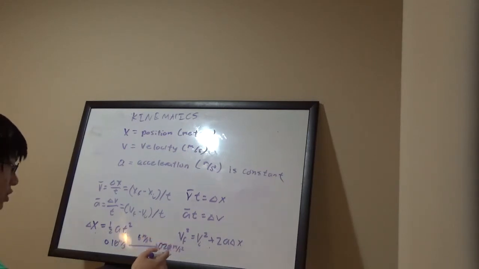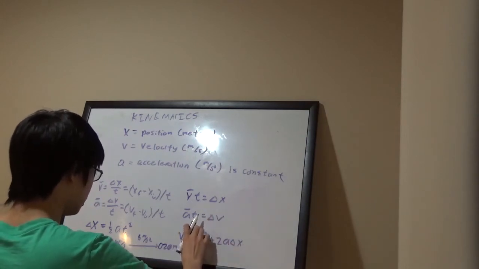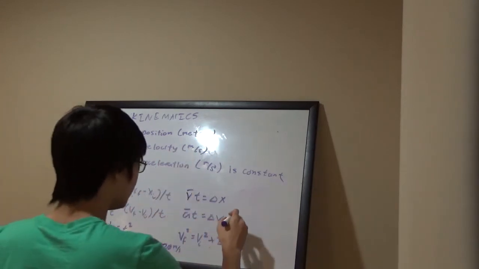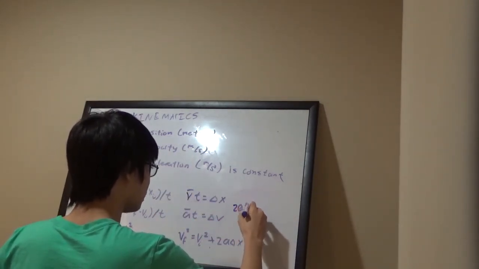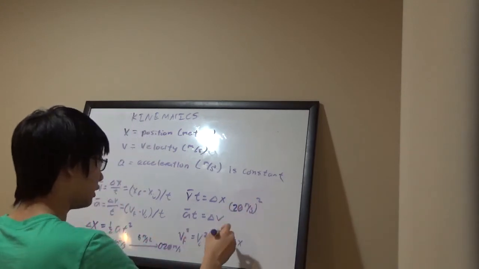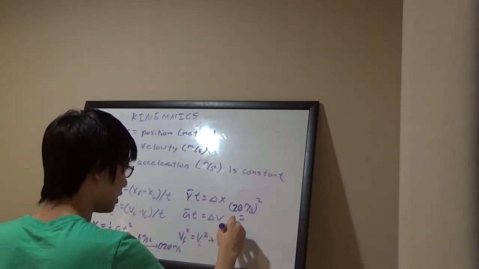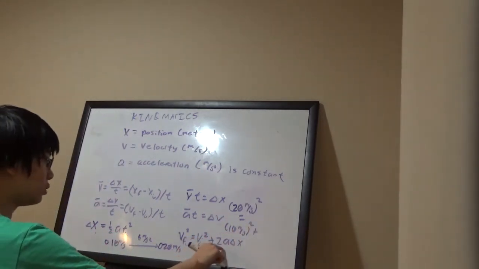Well, we plug that into our equation. Final velocity is 20 meters per second, because that's the unit for velocity, squared on this side. On the other side, we have our initial velocity, 10 meters per second, squared, and then we add 2a delta x.